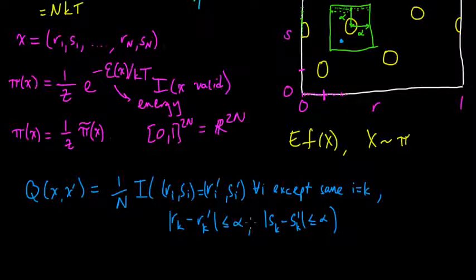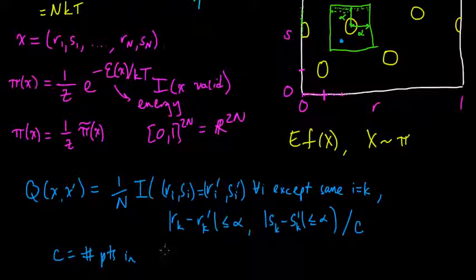I'm implicitly assuming that they're one of these discretized points. And then we have to divide this by some constant c, where c is the number of points in this 2 alpha by 2 alpha box, according to the discretization that we chose.